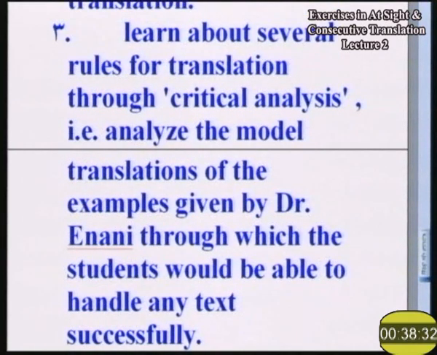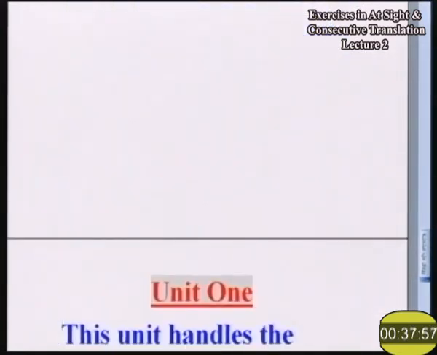So we will not be dealing only with the sentences or the words in question. We are also going to understand how the sentences have been translated, and the aim of selecting certain translations, so that it's not only to learn about translating in an at-sight or a consecutive way, but also to learn some of the rules that will help us in translation in general. Okay? Now, let's start with Unit 1.